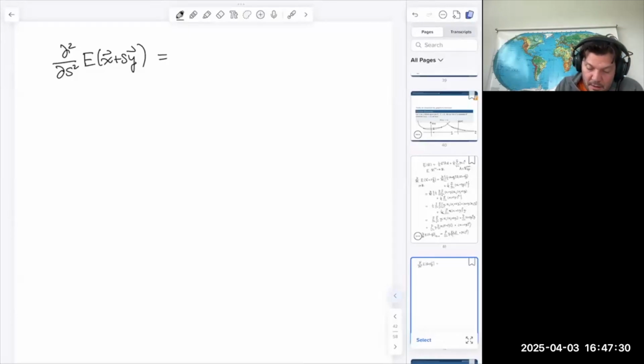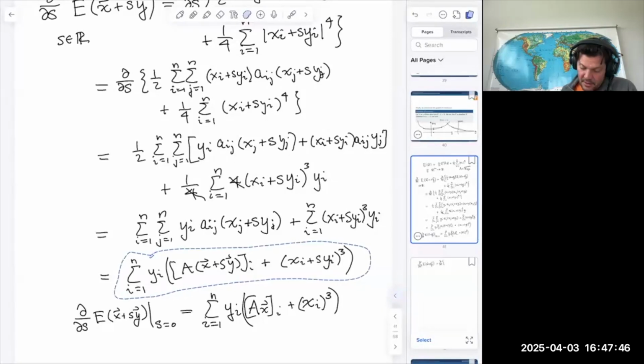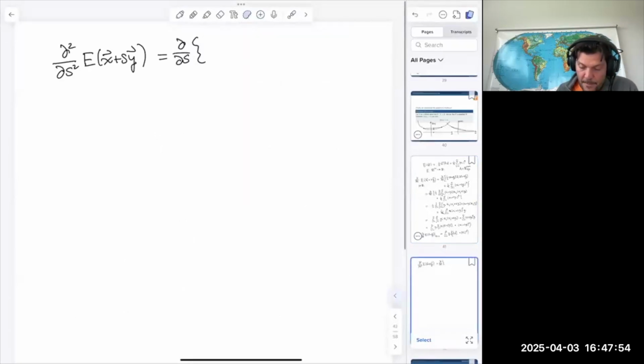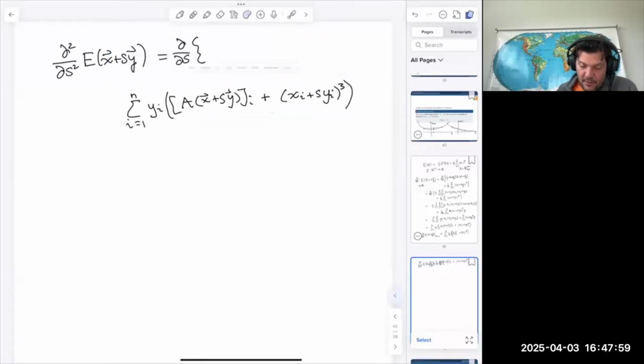That's going to be another derivative added on to the thing we had on the previous page. Let me go grab that. The thing we had before we set s equal to 0 is this object here, and we're going to copy that and paste it over here.